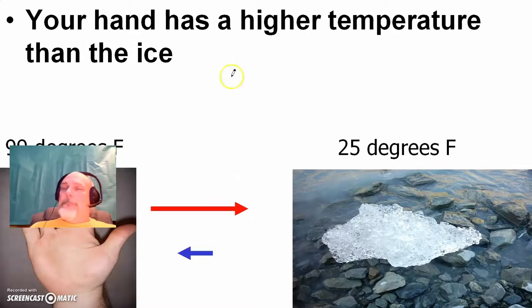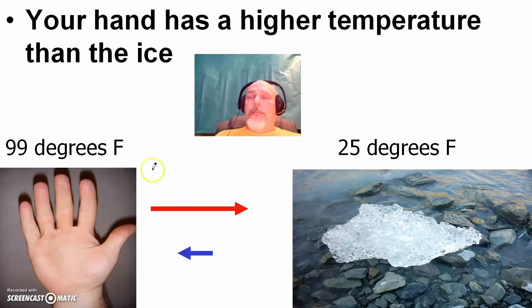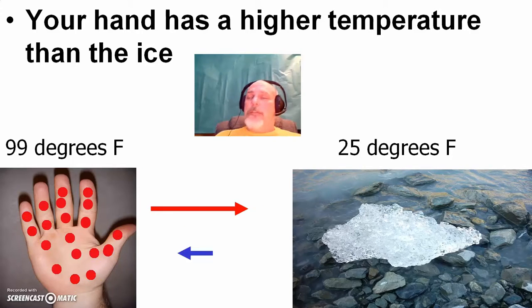Why does that happen? Well, you have your hand, which is made of particles, and those particles are in motion. They're going to be mostly vibrating in place as a solid, and you also have particles in the solid piece of water, the ice cube, and they're going to be vibrating. On average, the particles in your hand are going to be at a much higher thermal energy level than the particles in the ice.